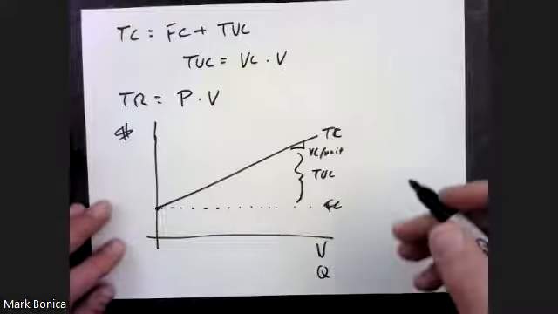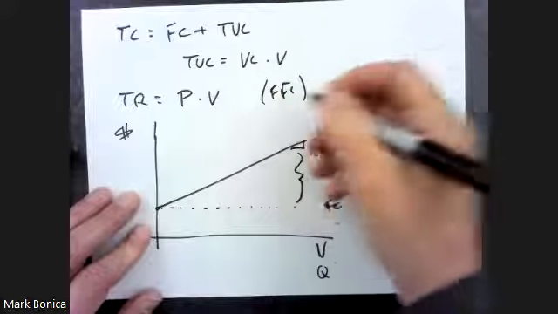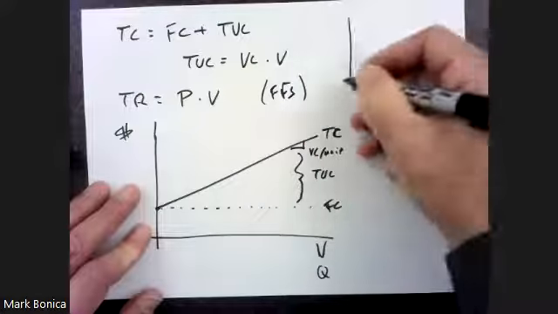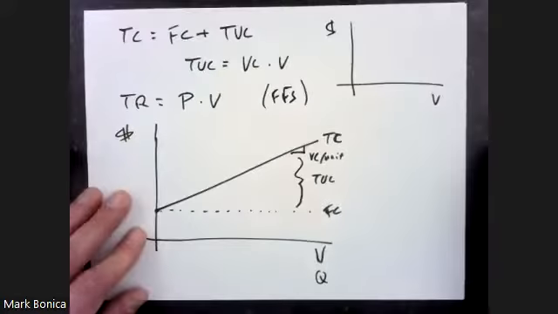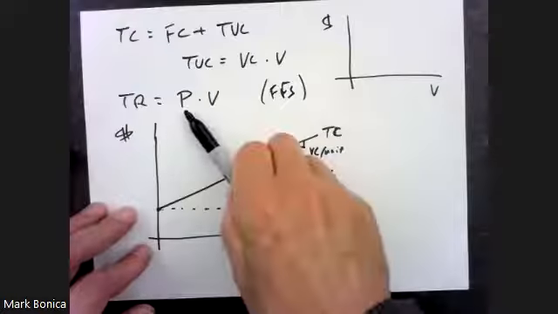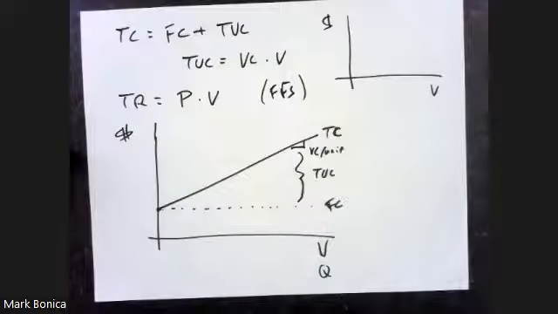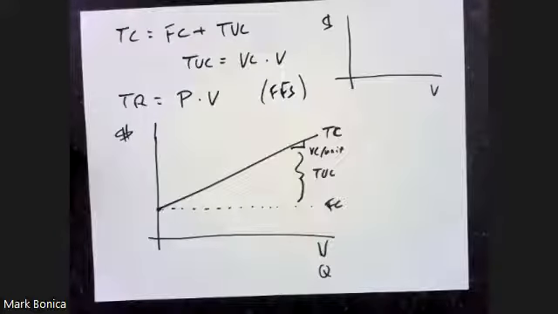Then we started to talk about revenue under fee for service. Drawing it separately, fee for service revenue is some price. In reality, if you were running a practice like we looked at back in chapter 2, we looked at how much is billed per visit.